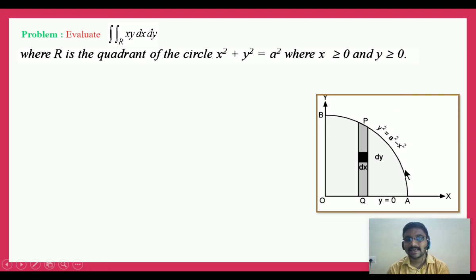The circle is x squared plus y squared equals a squared, that is, y squared is a squared minus x squared. It is one fourth part of the circle, which is centered at the origin and has radius a units, considered only in the first quadrant, because both x and y are positive here.